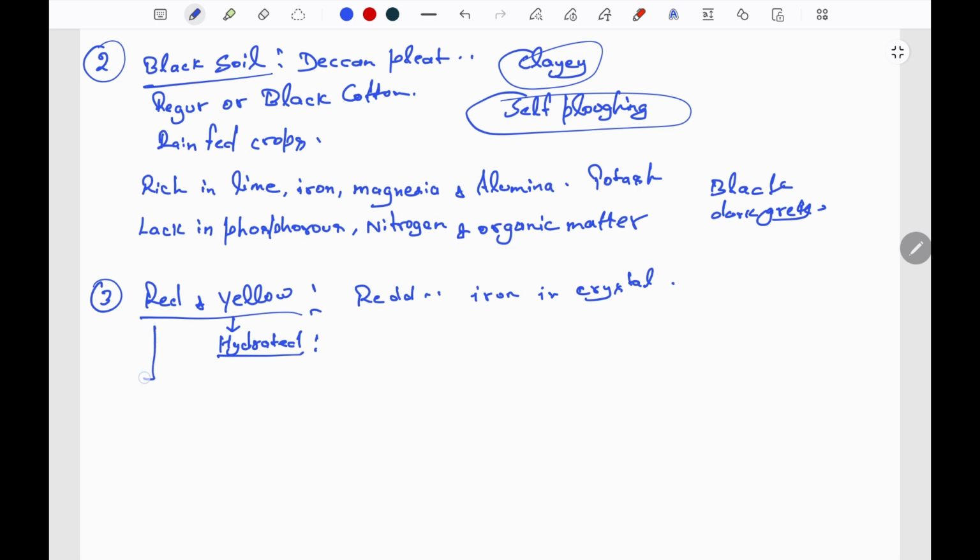If this red and yellow soil is fine grained, then it is generally fertile. And if it is coarse grained, then it is not fertile.